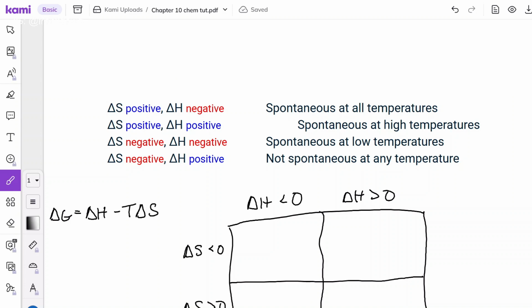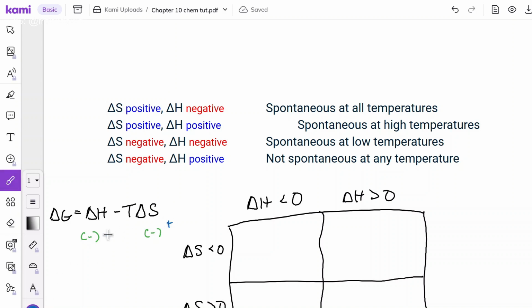T delta S. When you think about it like this, when delta H is negative, this part is negative. And when delta S is also negative, this part is negative. Now the minus sign here changes this, and it makes the S term positive.